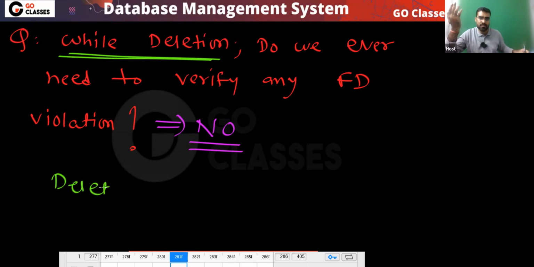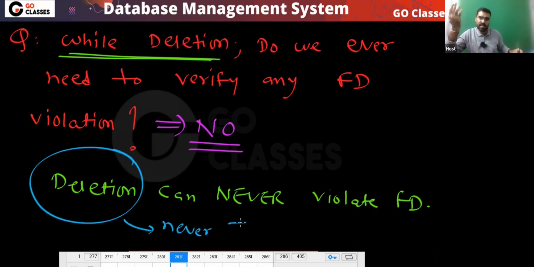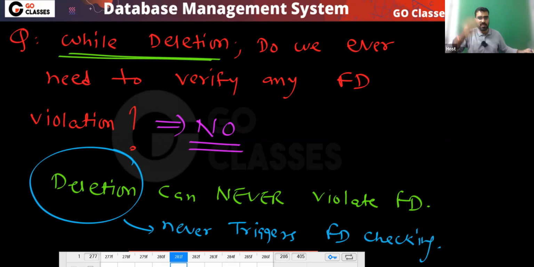So deletion can never violate FD. Deletion never triggers FD checking. So who will make sure?